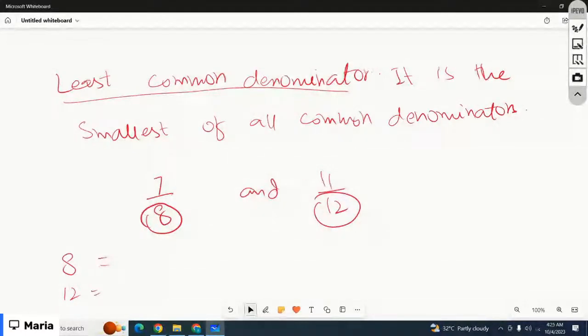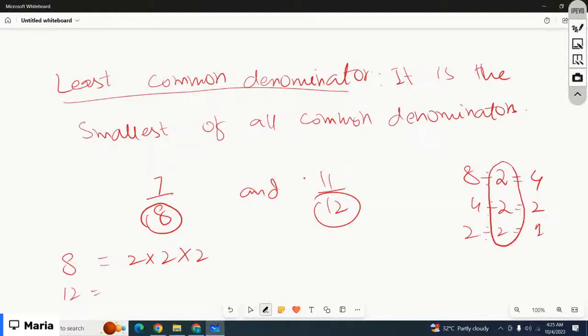So the prime factors for 8 are 2 times 2 times 2. You can find prime factors by dividing the number by the smallest prime number. You can divide 8 by 2, and keep dividing until you reach 1, right? Then 4 divided by 2 is 2, then 2 divided by 2 is 1. So these are the prime factors of 8, right?